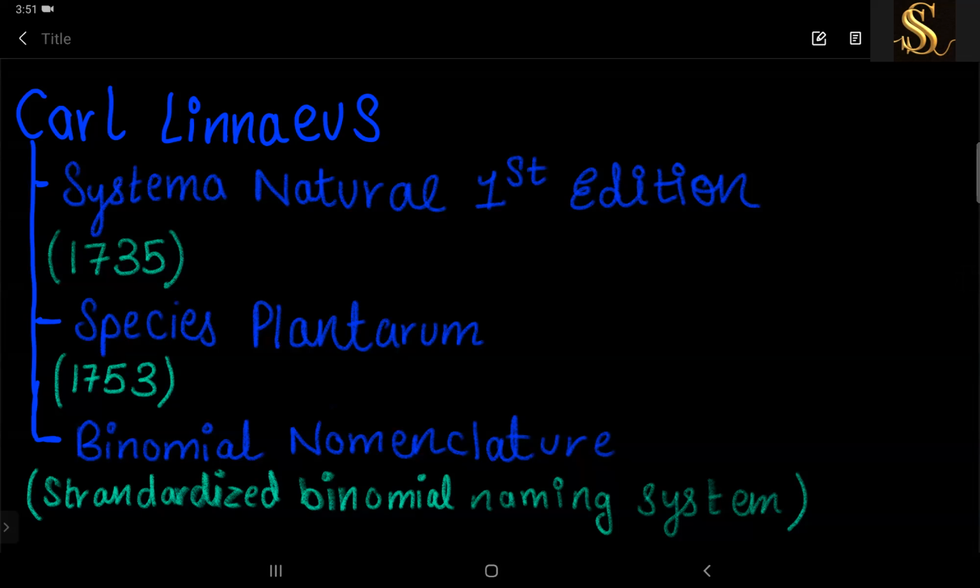This is also a book, written by Carl Linnaeus in 1753. Binomial nomenclature is a standardized binomial naming system for naming animal and plant species. So let's move on to the five kingdom classification.